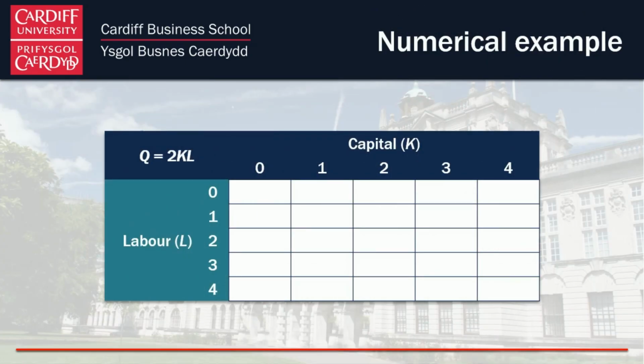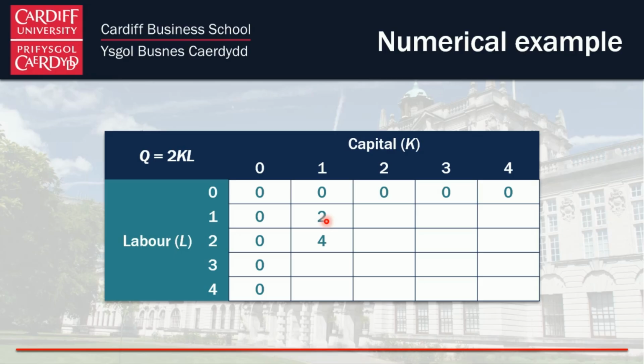Let's have a quick numerical example. Let's say the production function is Q is equal to 2 times K times L. If K is equal to 0 or L is equal to 0, the output is going to be 0. So let's put that in. And then if, let's say, your capital is equal to 1, and your labor is equal to 1 as well, you're producing 2 units.